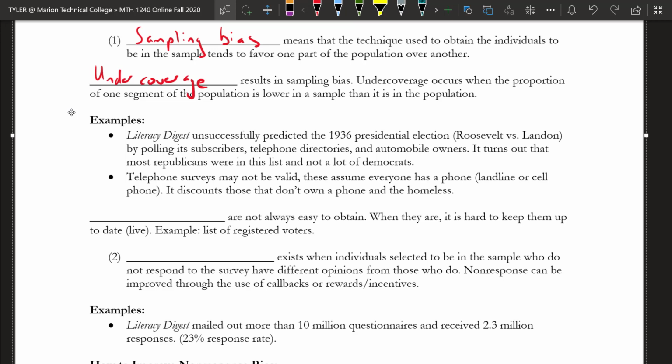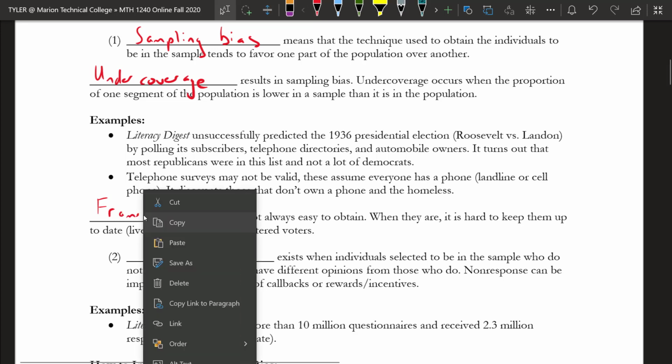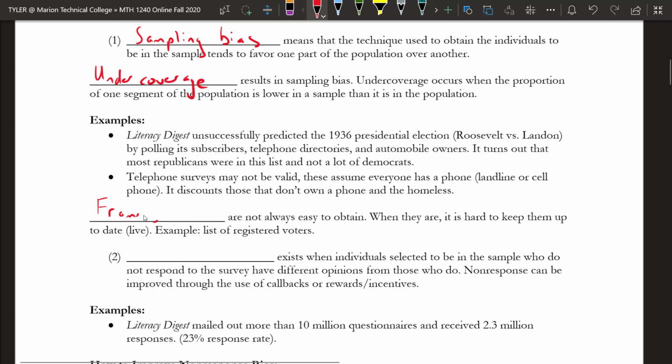The next fill in the blank I have here is frames. Remember, a frame is a list of all individuals in the population, and sometimes we can get those, and sometimes they're not easy to obtain.